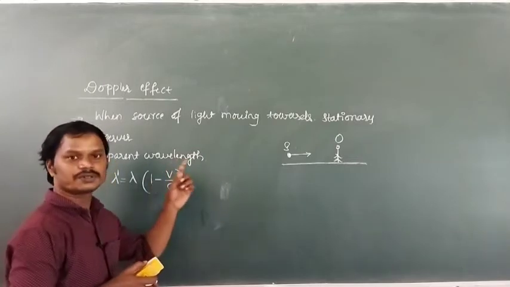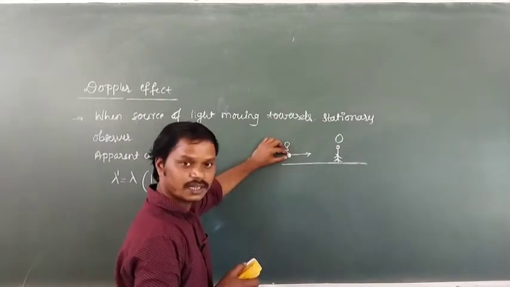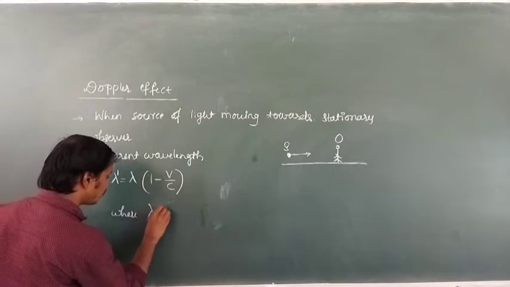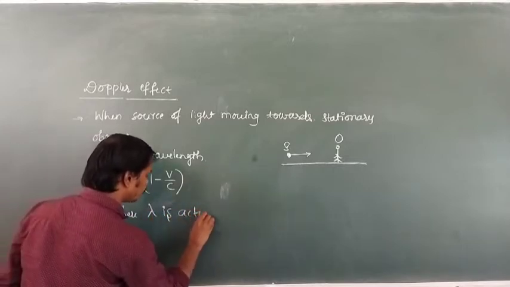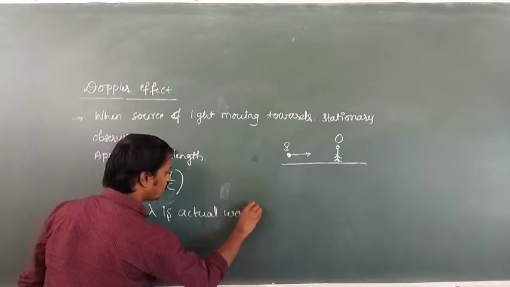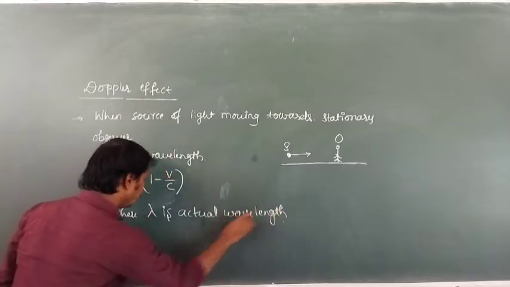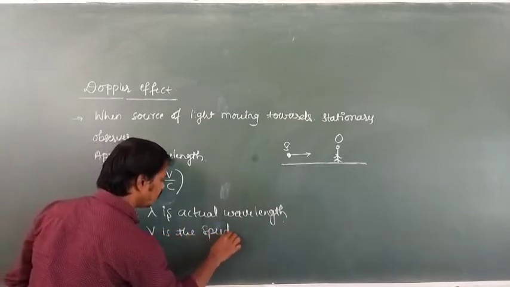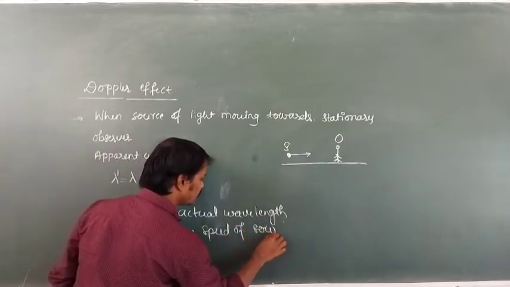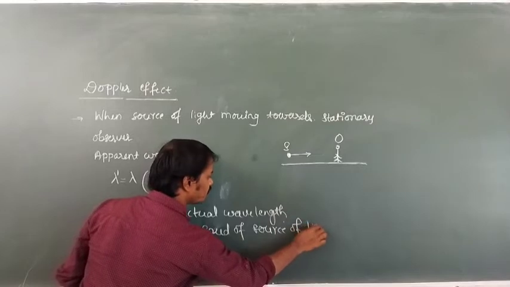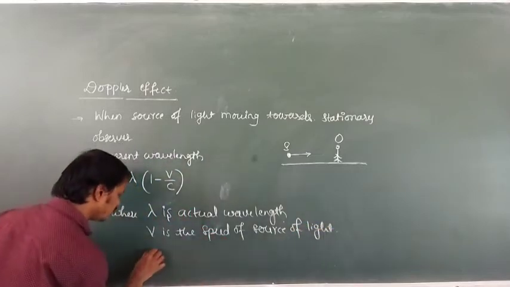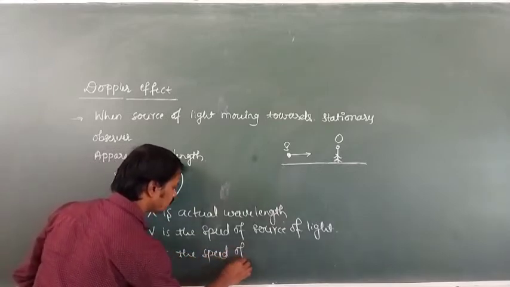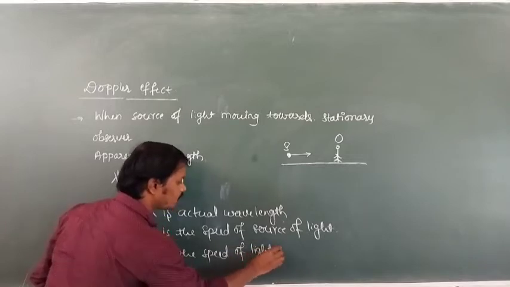V is the speed of source of light, and C is the speed of light.